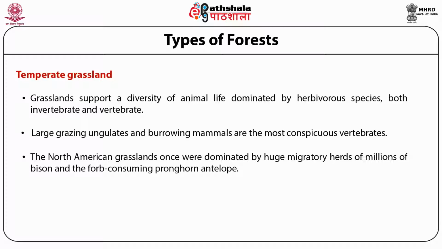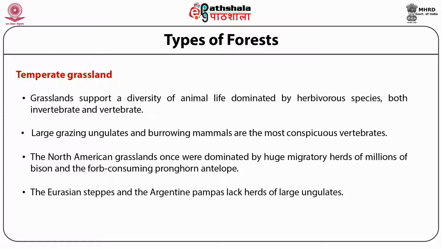The North American grasslands once were dominated by huge migratory herds of millions of bison and the forb-consuming pronghorn antelopes. The Eurasian steppes and the Argentine pampas lack herds of large ungulates.